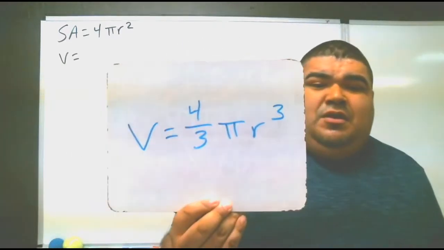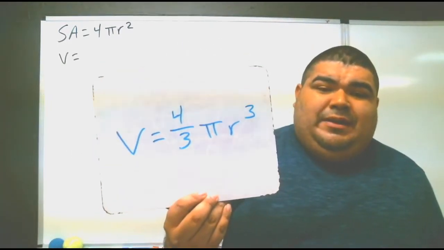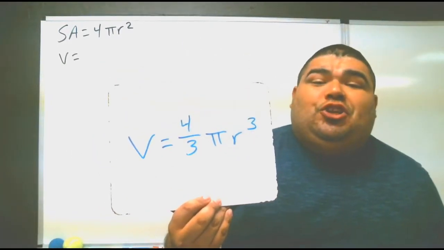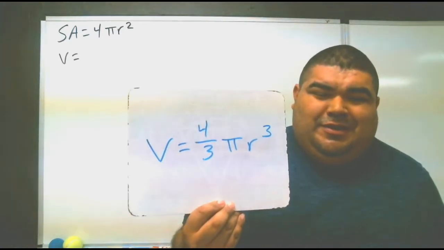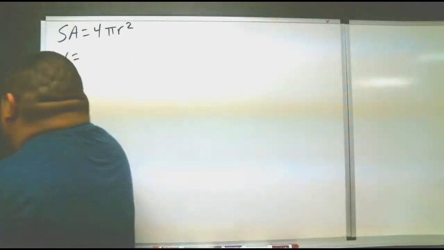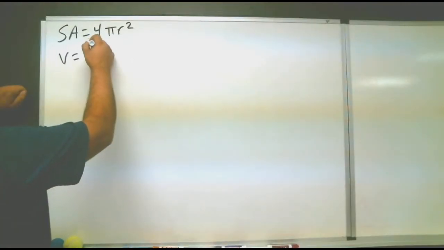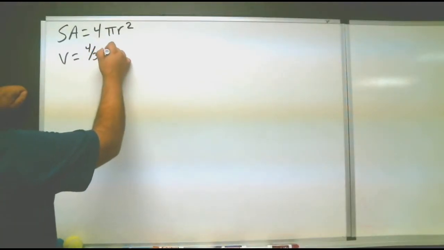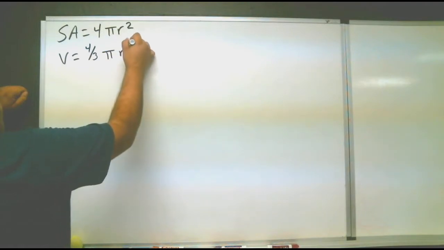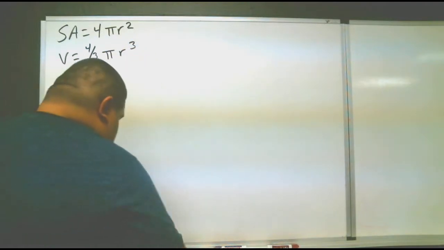For volume, the equation is 4 over 3 pi r cubed. So 4 over 3 pi r cubed.